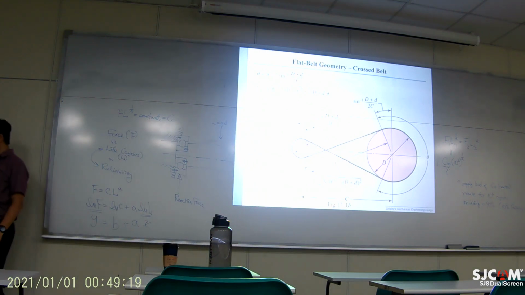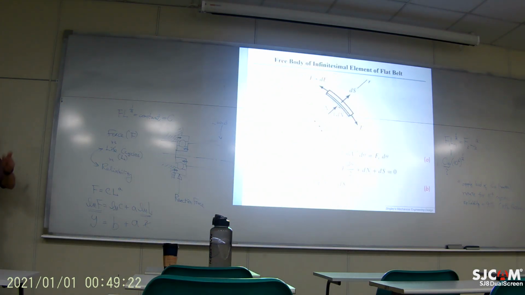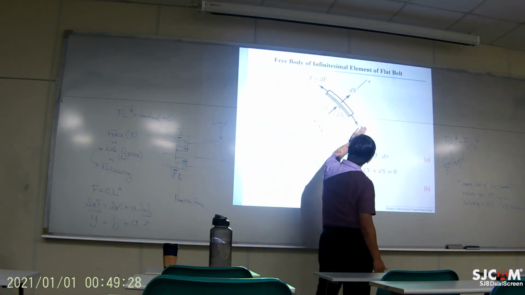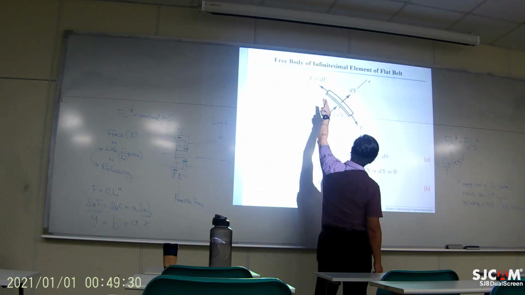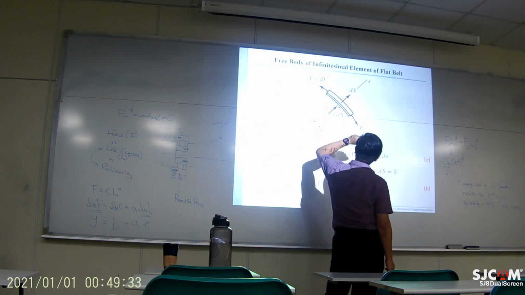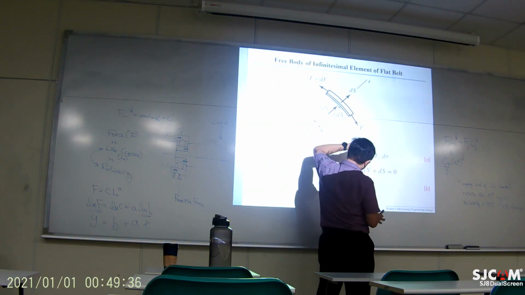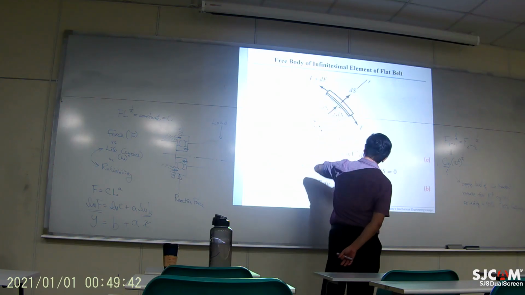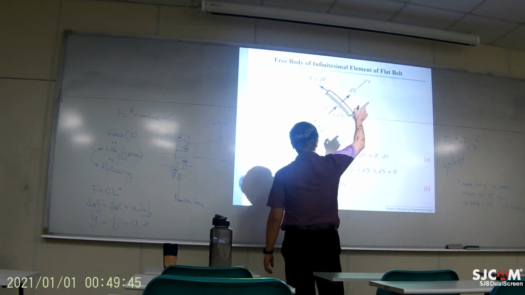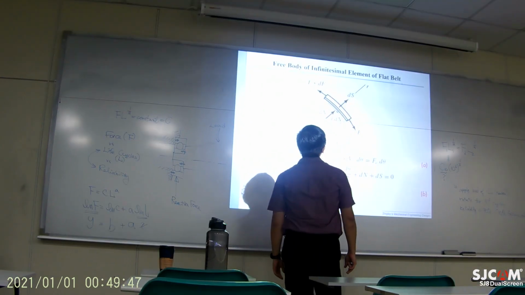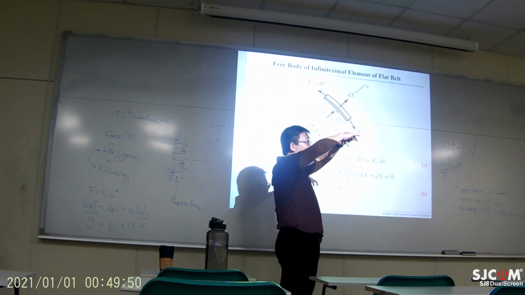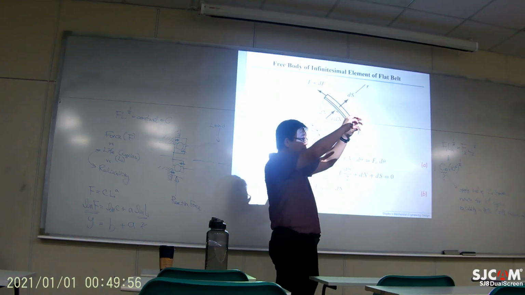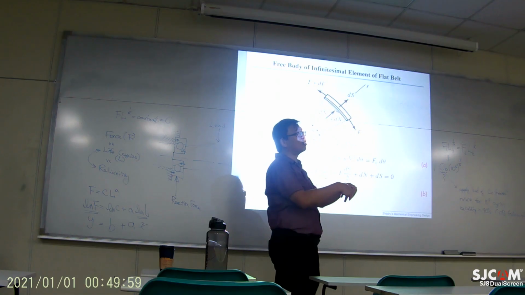Let's now pay attention to a small cut of the belt. Now you have some tension on one side, some increment of the tension on the other side, and because this material is rotating at high speed, there is a centrifugal force going outward. Since you have tension pulling the belt, the belt is being pushed down toward the pulley.